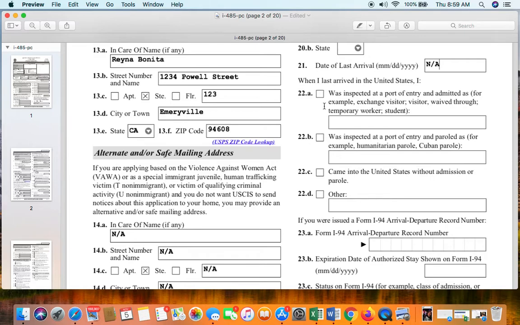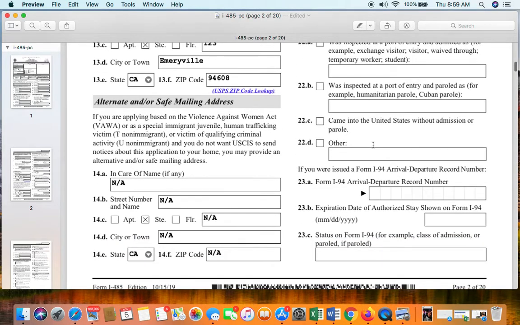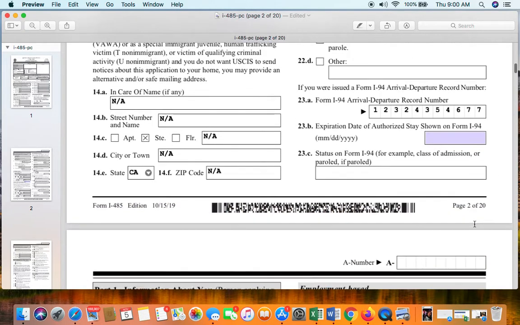But for your K2, if you are already here in the United States and you were inspected at a port of entry and admitted as, for example, a visitor, you can check that. You have to check one of these boxes if you were inspected. If you were issued a Form I-94 arrival-departure record, you have to fill this out, and your expiration as well.